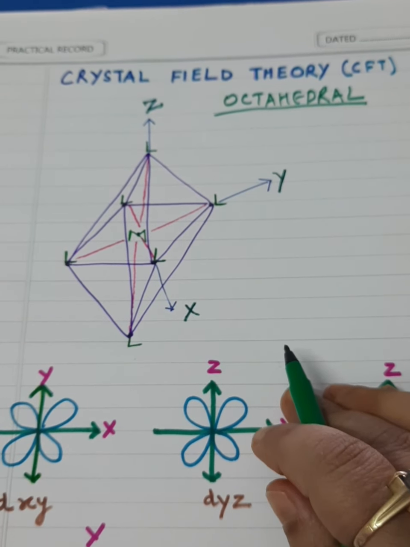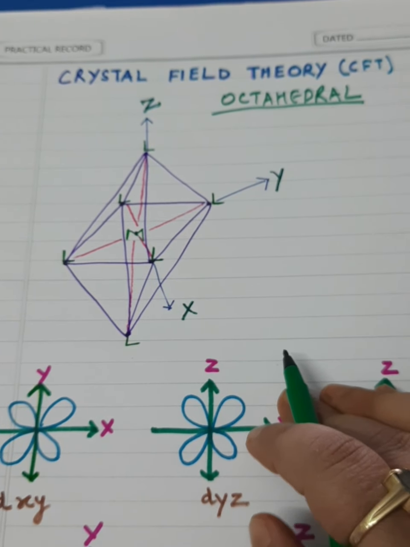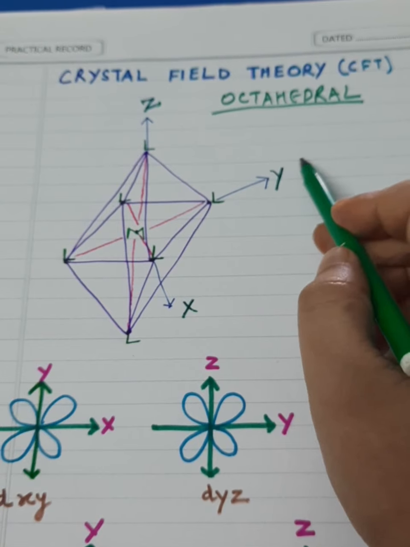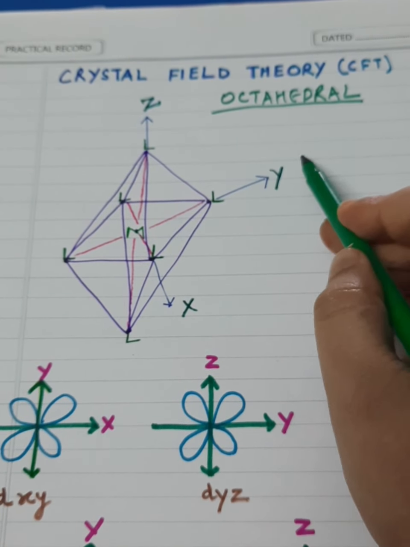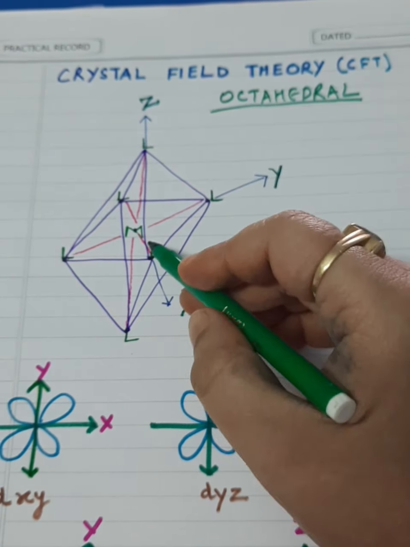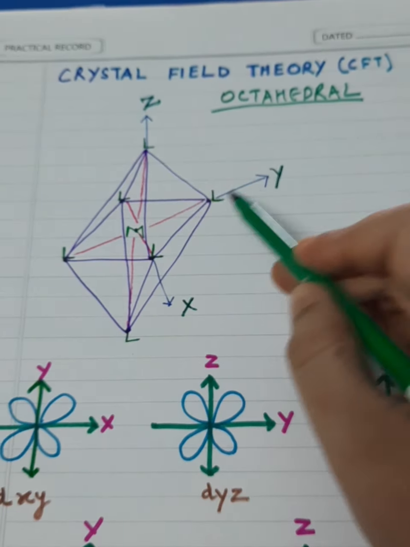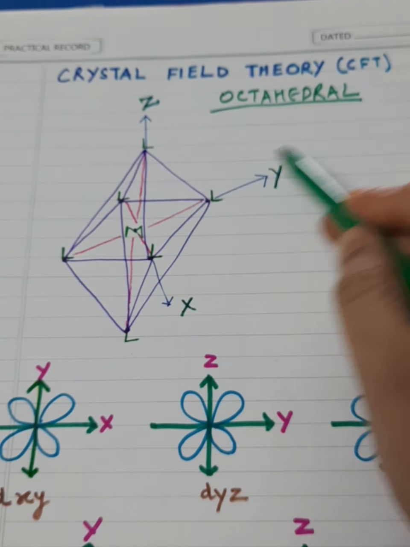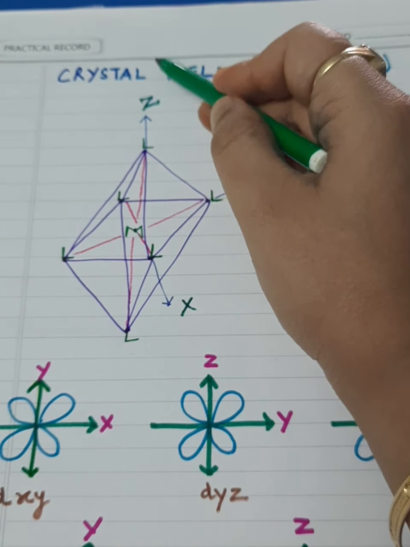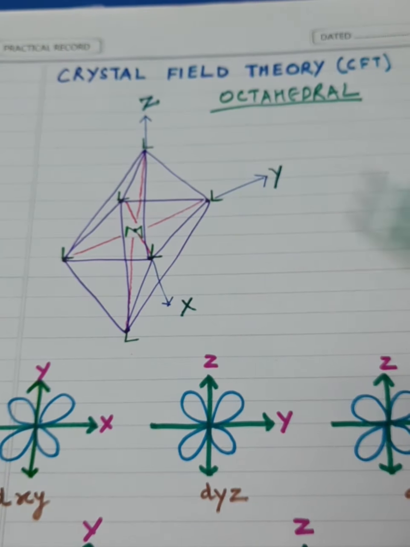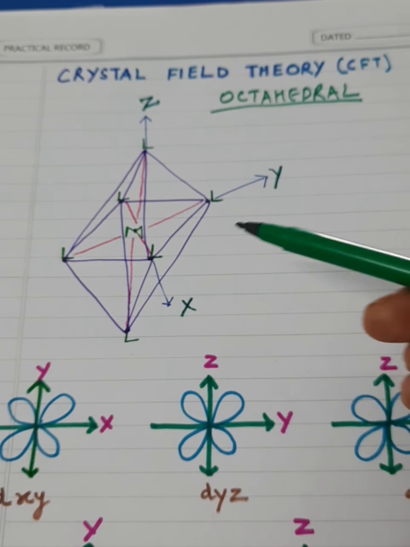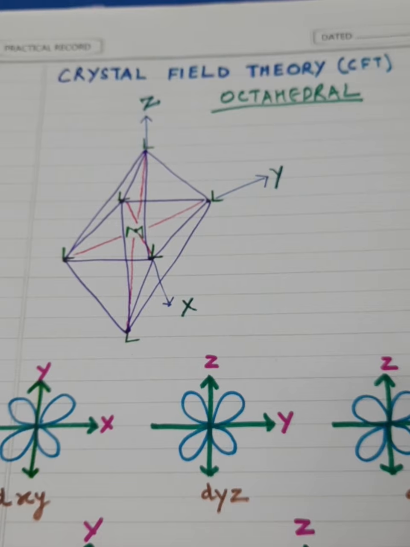I hope it is clear, dear students. So ligands approach along the axis. You can see here, ligands are bonded to the metal atom or ion along the axis. If this portion is clear, then we'll look at the next thing.